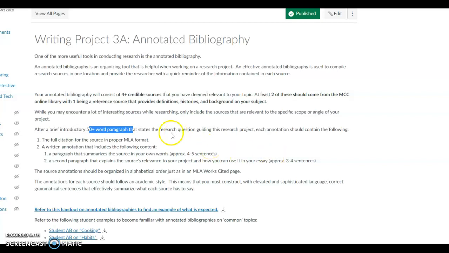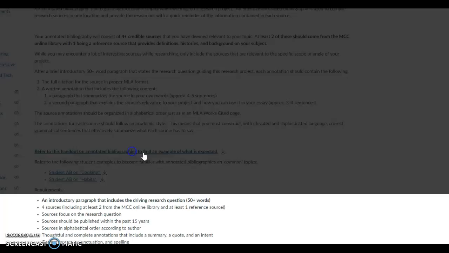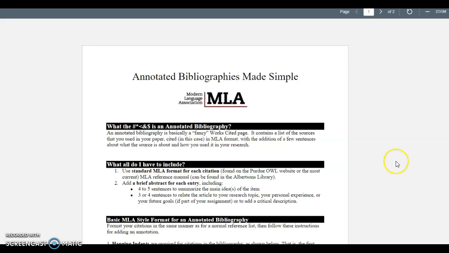And then, after that short introduction, for each source, you're going to write the citation. That citation is going to be followed by a short paragraph that summarizes the source, and a second paragraph that will explain how that source will be useful in your writing project or your research project. Okay, here is a handout that I'll open up really quick, that explains what an annotated bibliography is.